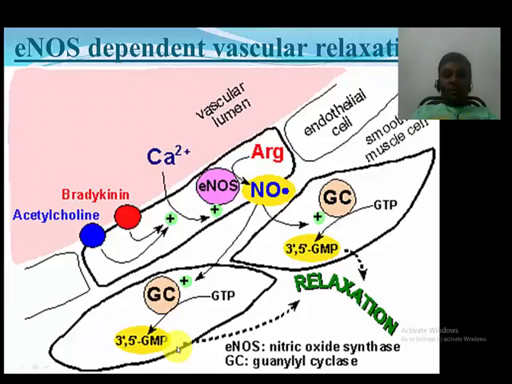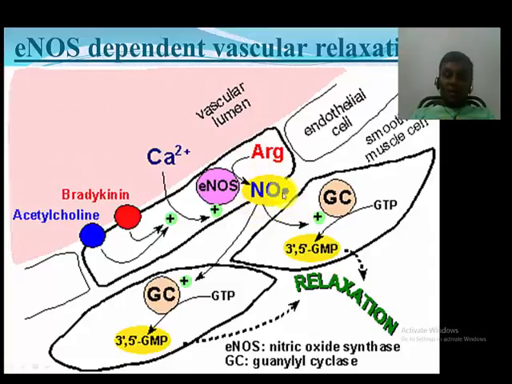Now let's see the function of eNOS, which is present in the endothelium of the vessels and is calcium dependent, as we talked earlier. With the release of various neurotransmitters, with the help of calcium, this NOS will be activated, and the endothelial NOS will lead to conversion of arginine into nitric oxide.